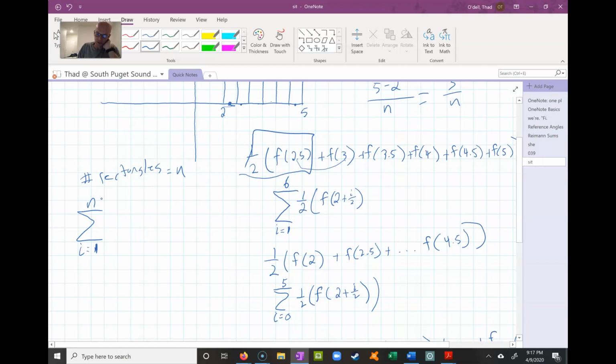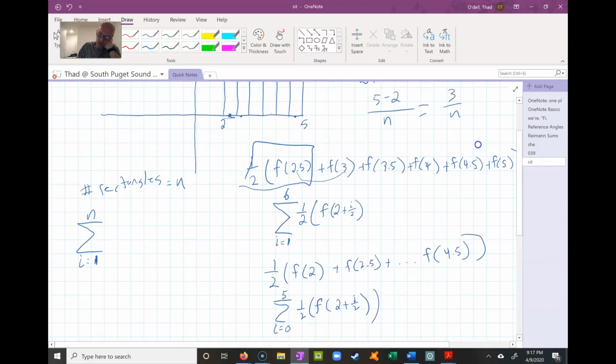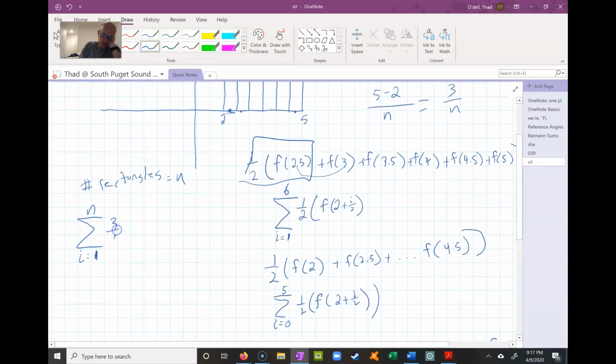And my new width is 3 over n, isn't it? So I'm going to put a 3 over n right there. And then on the inside here, I'm going to have f of, well, the 2 is the same, but what I'm adding each time is 3i over n.